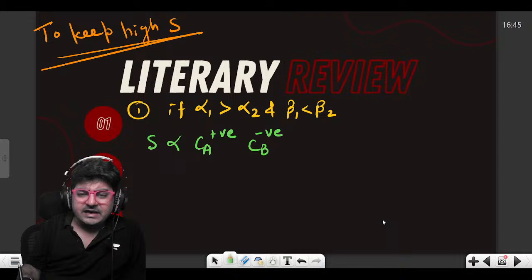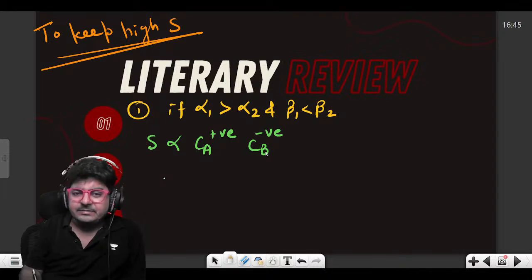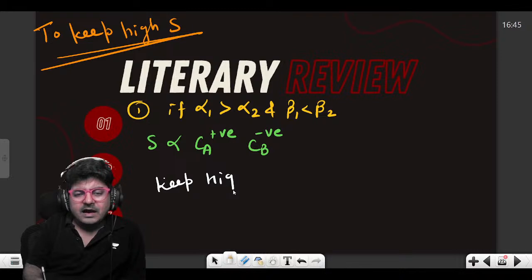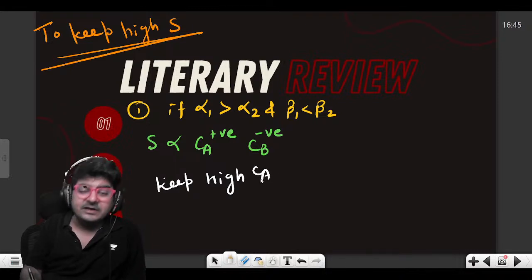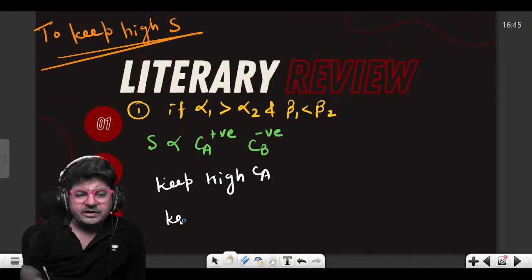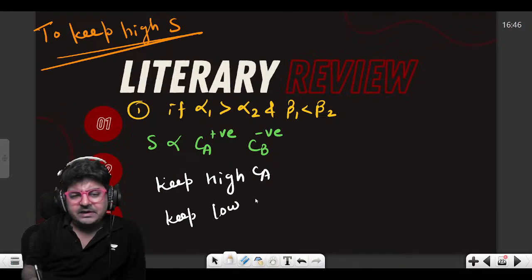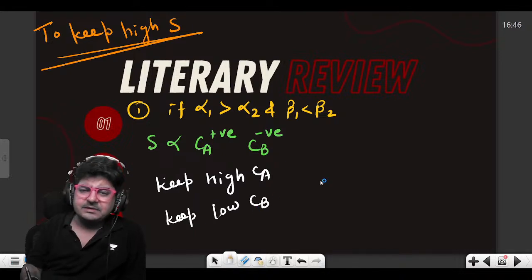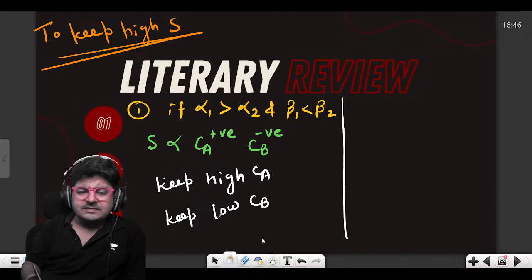और अगर ऐसा केस है तो you can see if you increase the CA, S will increase, and if you decrease the CB, S will decrease. So I have to keep high CA, or you can say I have to increase the CA and I have to decrease CB, or you have to keep low CB. Simple. इसी में second case आ जाता है आपका.